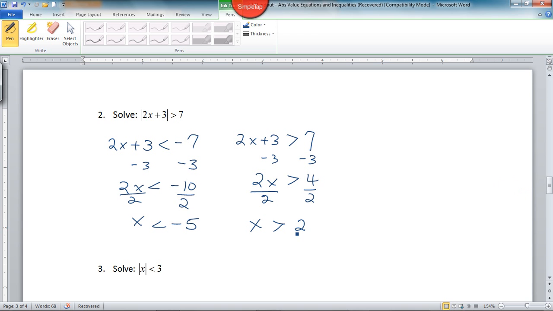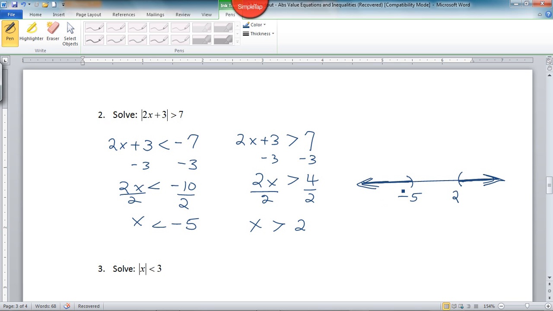X is less than negative 5, so if I draw that on the number line here, less than negative 5, yeah, that would be this, wouldn't it? This part of the number line is less than negative 5. X is greater than 2, well, that would be everything greater than 2, not including 2, so I use parentheses. So that's our number line, and then that's interval notation.